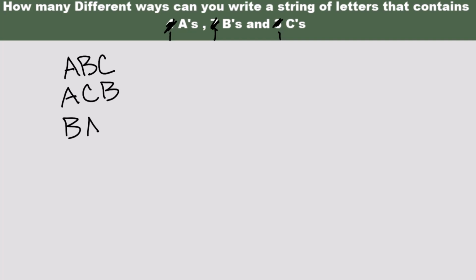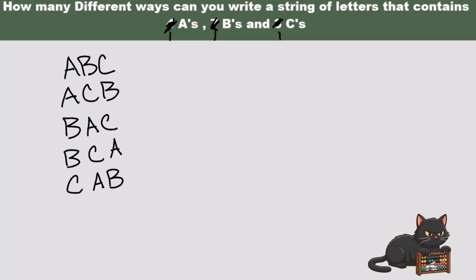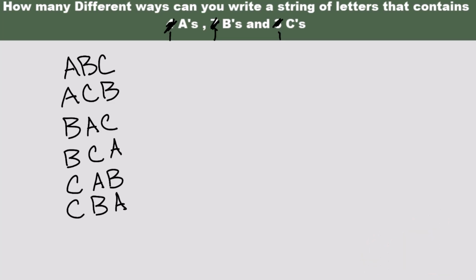So if we eliminate all those extra numbers and look at just a singular case, if we've got 1A, 1B, and 1C, is it possible to write up all the different combinations for these 3 letters? I would argue I actually just did it right there. We've got 6 different possibilities.